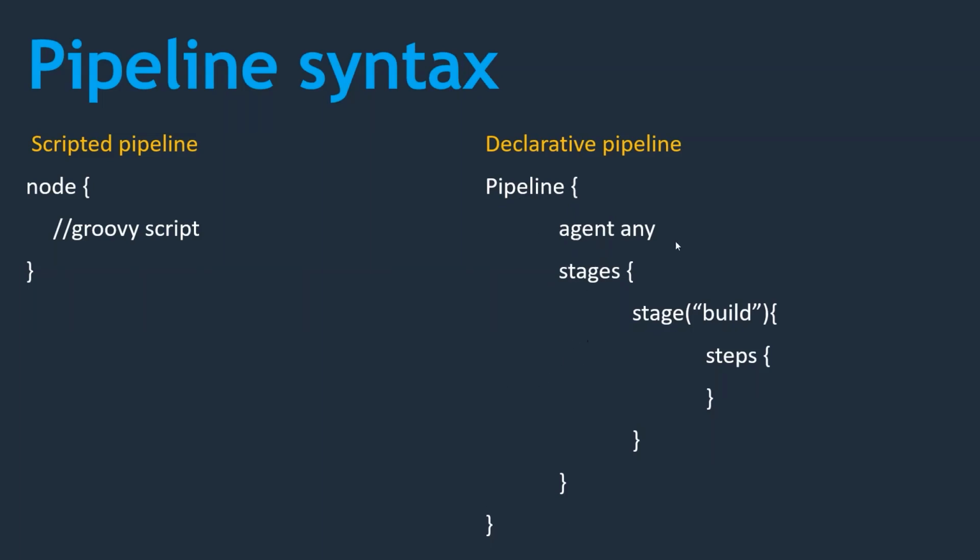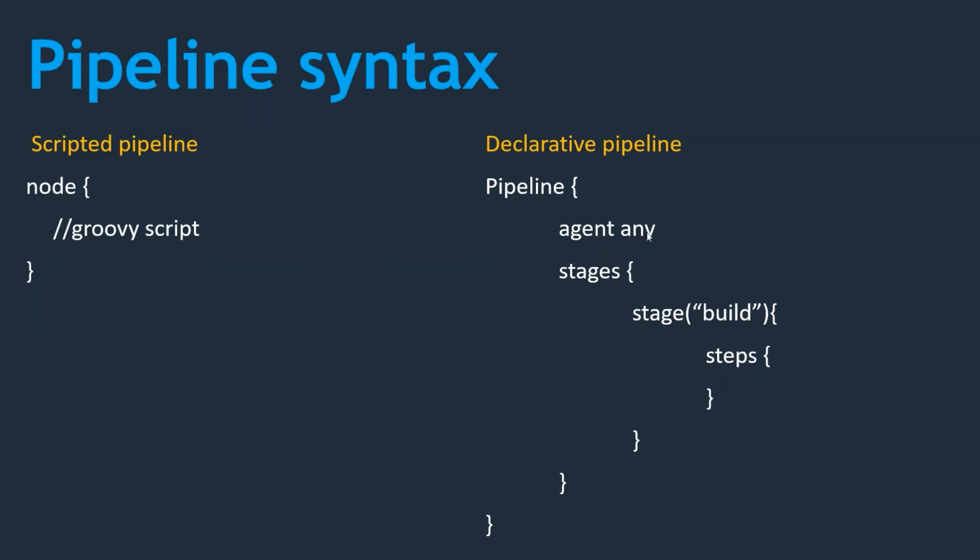Agent any means it can build either in the master or in the slaves. If you remember, we set up the master and slave configuration, so the agent defines whether it builds on master or slave.